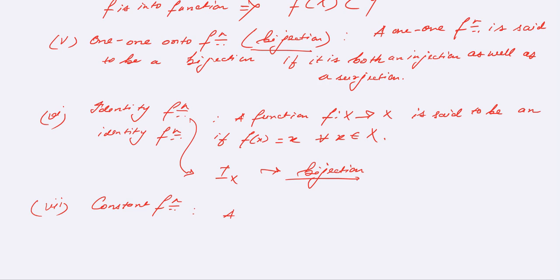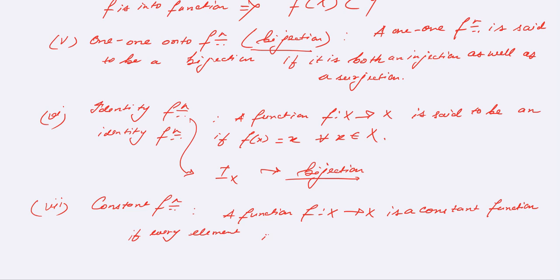A function f on X is a constant function if every element in X has the same image.